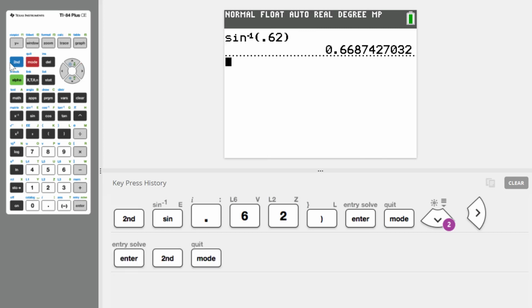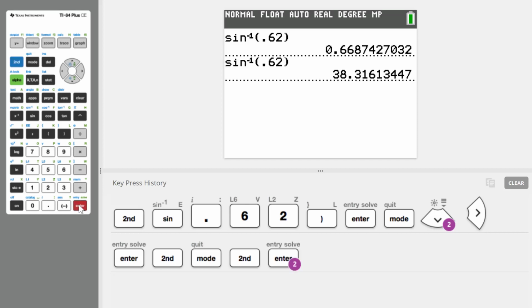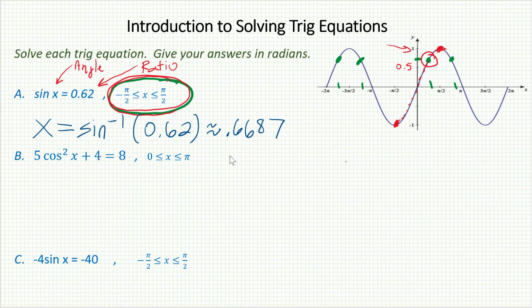I'll use the entry button above enter to recopy that last expression we typed in, hit enter, and now I'm getting the answer in degrees, about 38.3 degrees. We wanted the radian answer, so I've written that here. We're saying that is this angle, the angle within that restricted zone that leads to a sine ratio of 0.62.